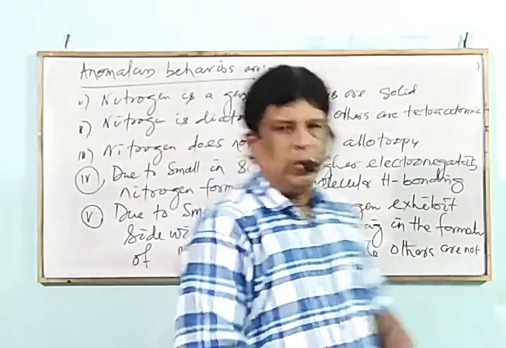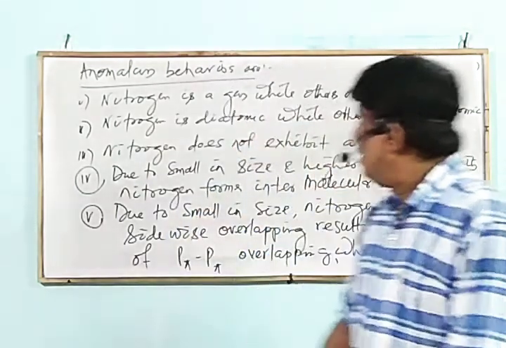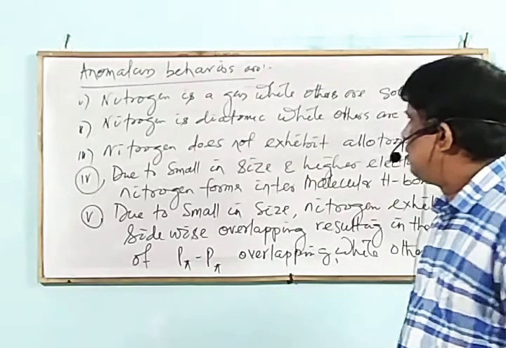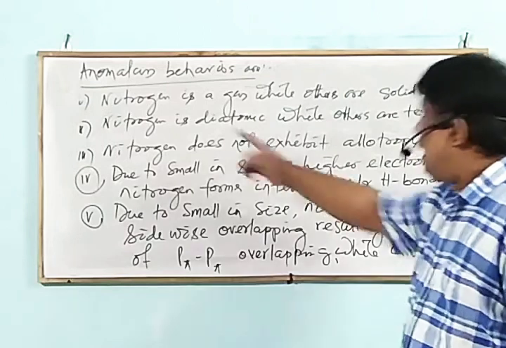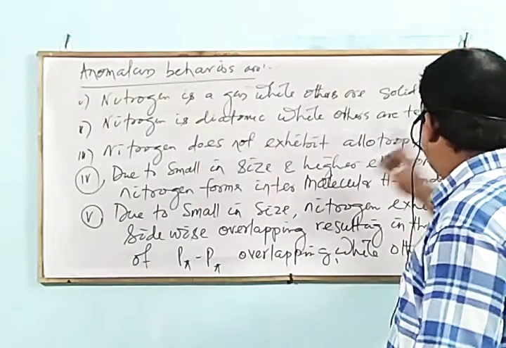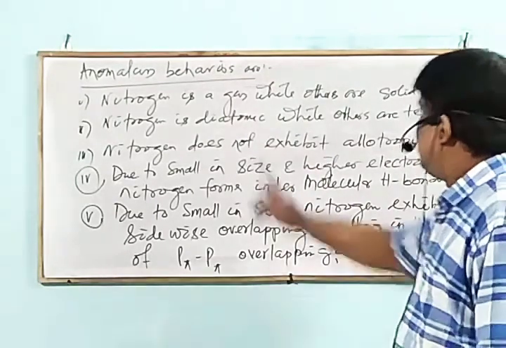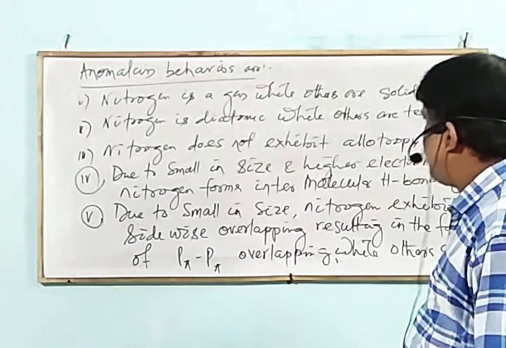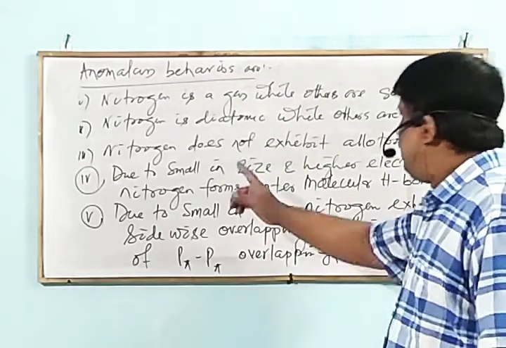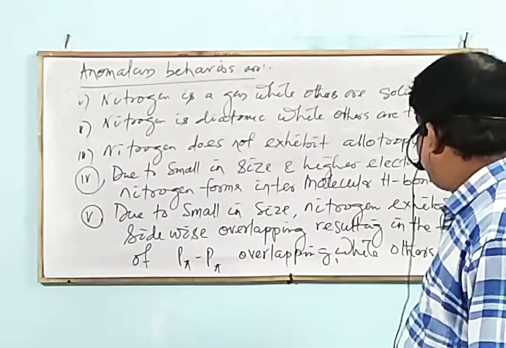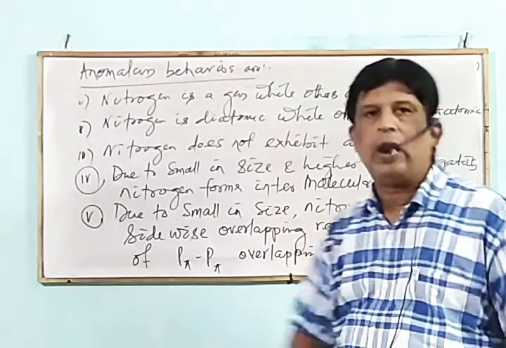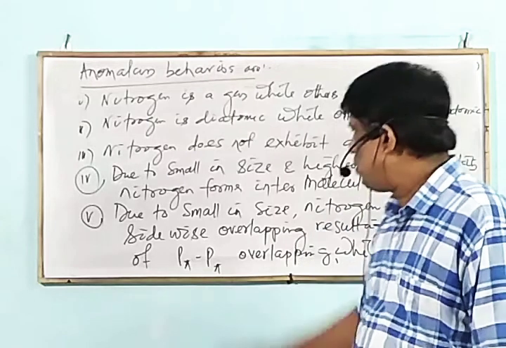Mark that. We discussed one by one. Nitrogen is a gas while others are solid. Nitrogen is diatomic while others are tetraatomic. Nitrogen does not exhibit allotropic forms. Due to small size and higher electronegativity, nitrogen exhibits intermolecular hydrogen bonding while others do not.